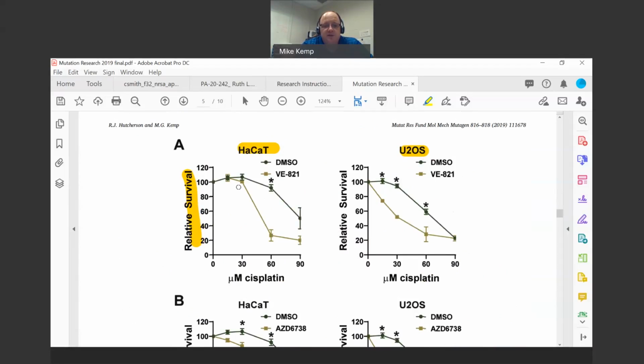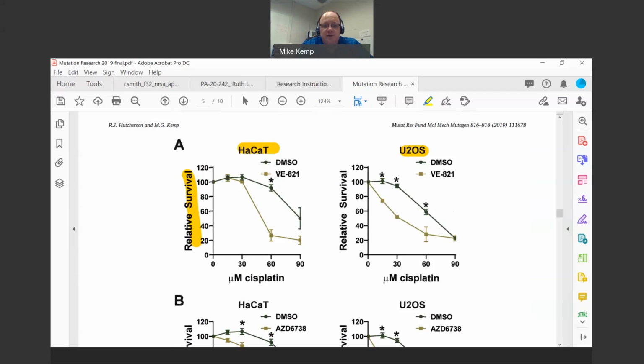And so, just as we showed earlier, with increasing doses of cisplatin, we see less and less survival. However, when cells are treated with the ATR inhibitor, they are sensitized to cisplatin. So it's actually quite similar to what we observe in replicating and proliferating cells. So it looks like ATR has a pro-survival function in response to cisplatin treatment in quiescent cells.